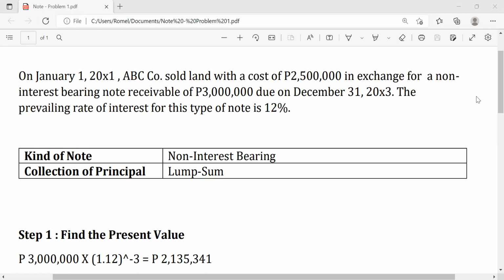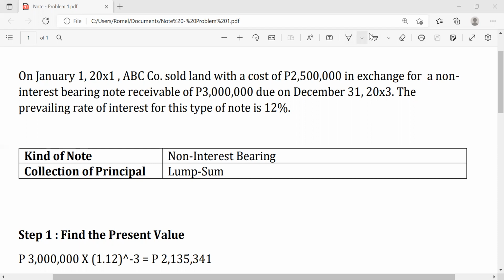So the first question is, what kind of note is this? This is a non-interest bearing note. Ibig sabihin, this note does not bear interest. Wala siyang stated rate sa note. What is the implication?